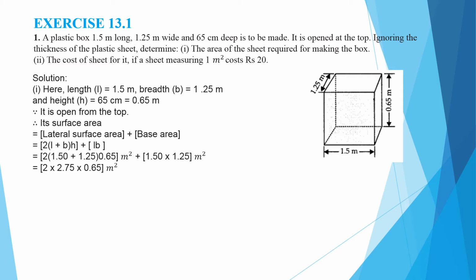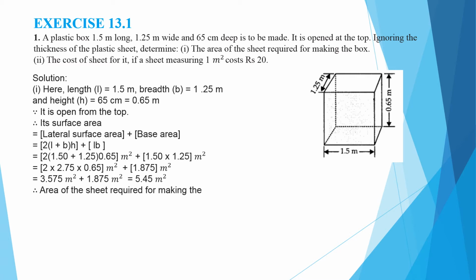After calculating, we are getting 2 into 2.75 into 0.65 plus 1.875. And after calculation, we are getting 3.575 meter square plus 1.875 meter square, and on adding we are getting 5.45 meter square. So this is the first part. The area of sheet required to make a box which is open from the top is 5.45 meter square.